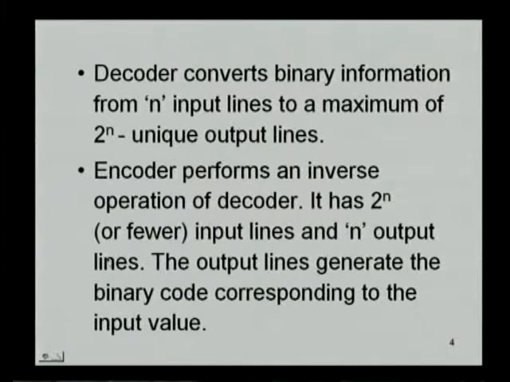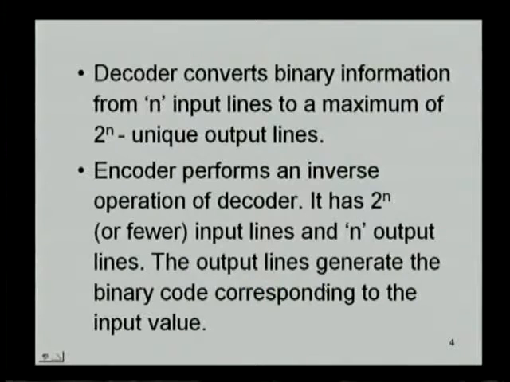a decoder converts binary information from n input lines to a maximum of 2 power n unique output lines, and an encoder performs an inverse operation of a decoder. It has 2 power n or fewer input lines and n output lines.